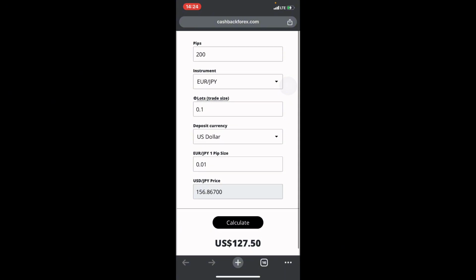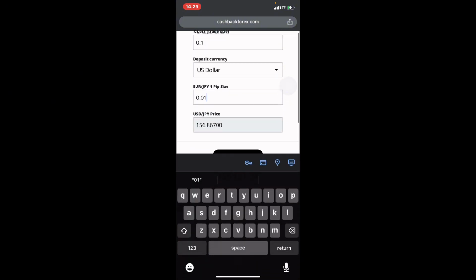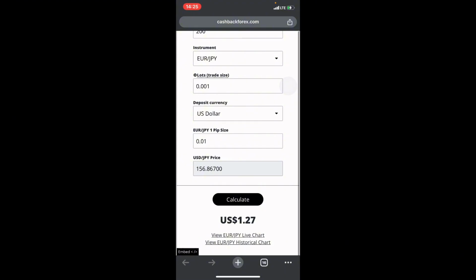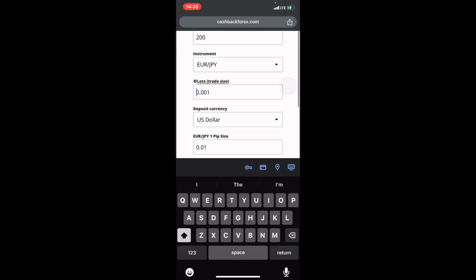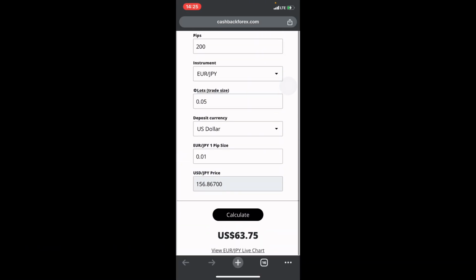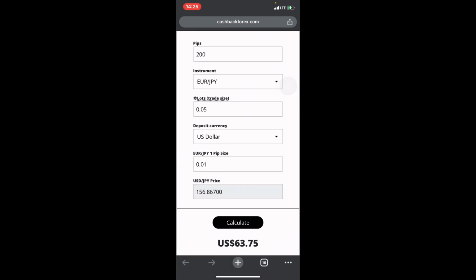Basically, if let's say you have a $10 account, that's when we're talking about 0.001, where you can see if you're in profit, this is what you'll be making from that 200 pips. Okay, let's say 0.05. That 200 pips is on profit in the $10 account.